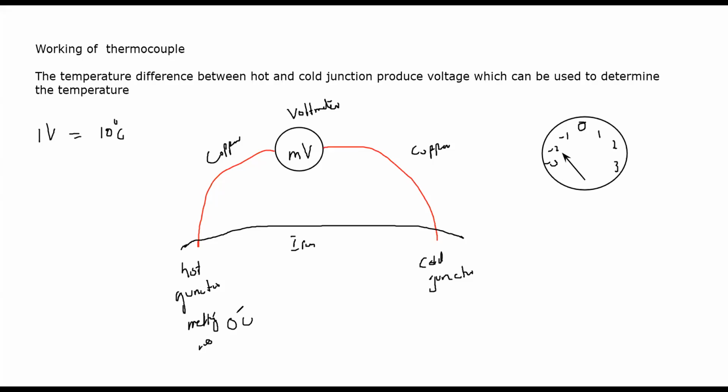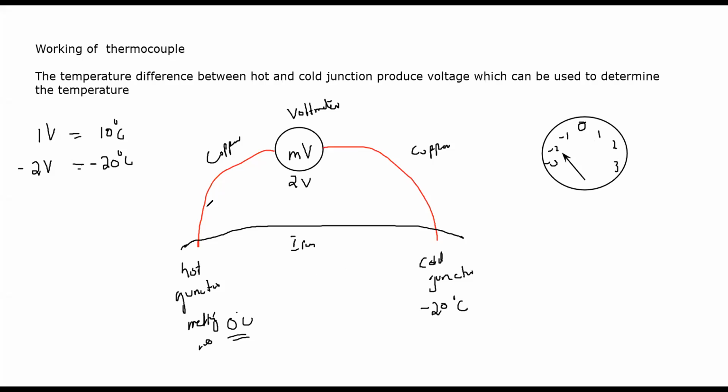So melting ice temperature is 0. If this millivoltmeter shows 2 volts, or 2 millivolts, what does it mean? It means the temperature difference is 20. But because it is showing -2, the temperature difference is -20. So if the temperature of the melting ice is 0, the temperature of this cold junction will be -20.